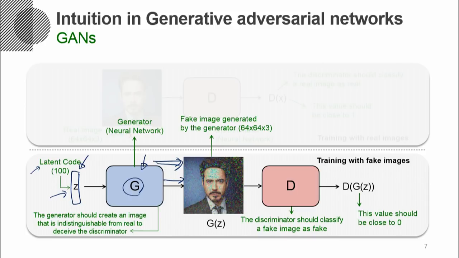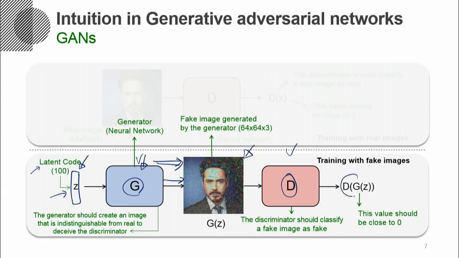Here the conflict arises between the generator and the discriminator. Given this fake input, the discriminator should be able to classify it as a fake image properly.